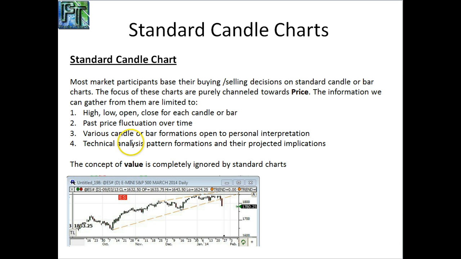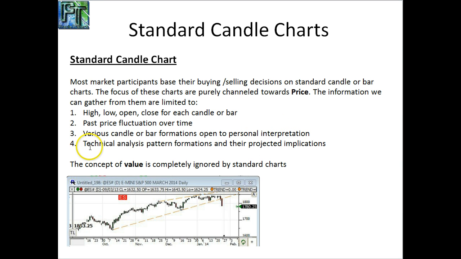I can also have various candle or bar formations based on candle analysis, bar chart analysis, like dojis, hammers, all kinds of other candle formations that are left open to personal interpretation.